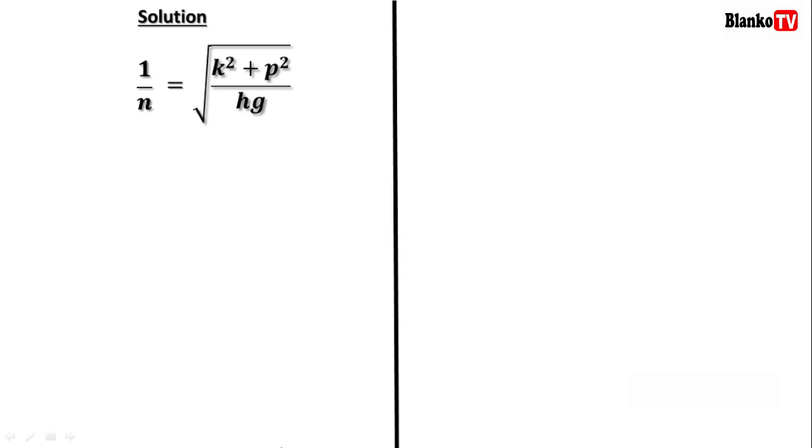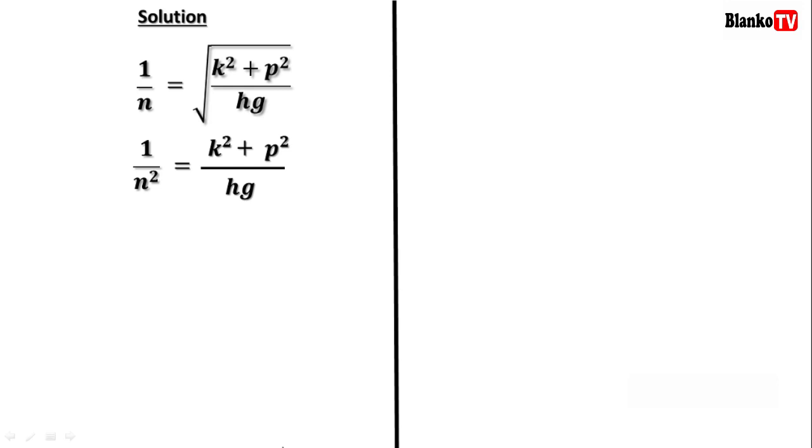When we square both sides, we get 1 over n square equals k square plus p square over hg. So now the square root has been removed.